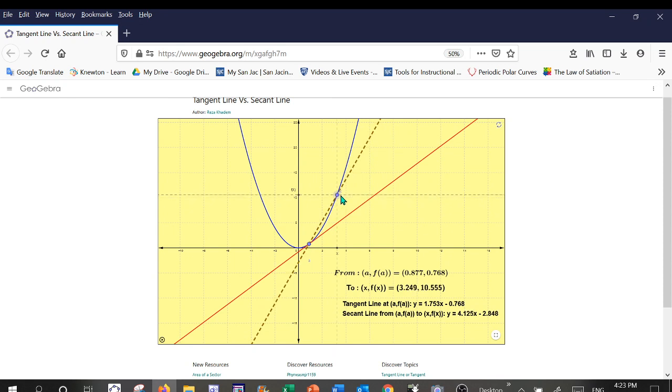So the idea is that we can get really, really close to this point. Not exactly the point. Remember, we cannot get to the point. Even though it looks like we are getting to the point, that's just the trick that the computer uses to graph the tangent line. We are not really at that point, right?